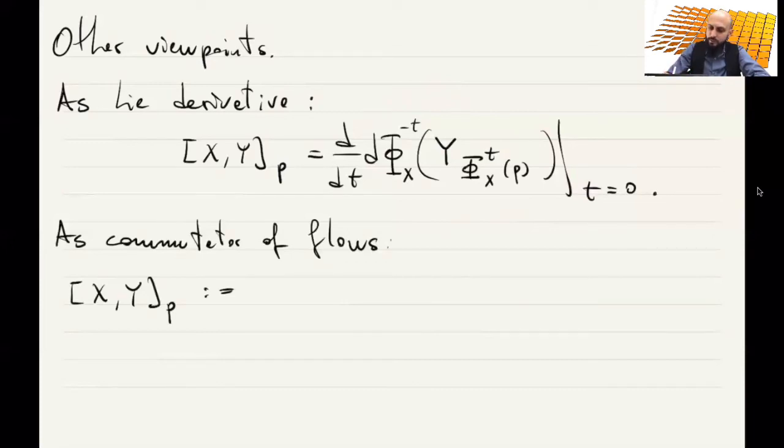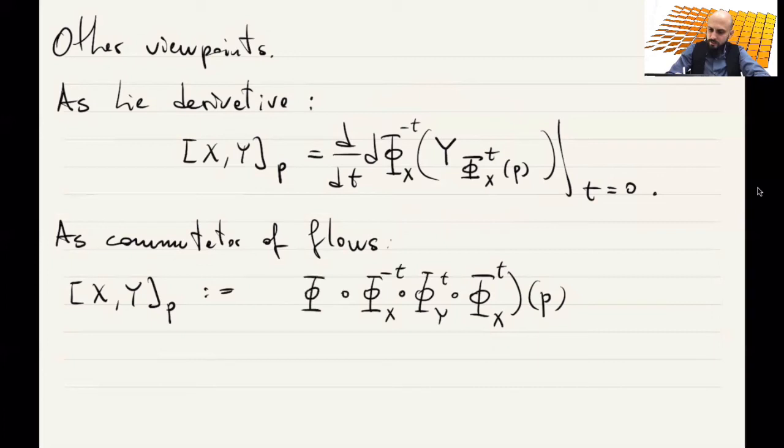You start with p and you flow first along X for time t, then along Y for time t, then along X again for time minus t, and then you flow again with respect to Y for time minus t.